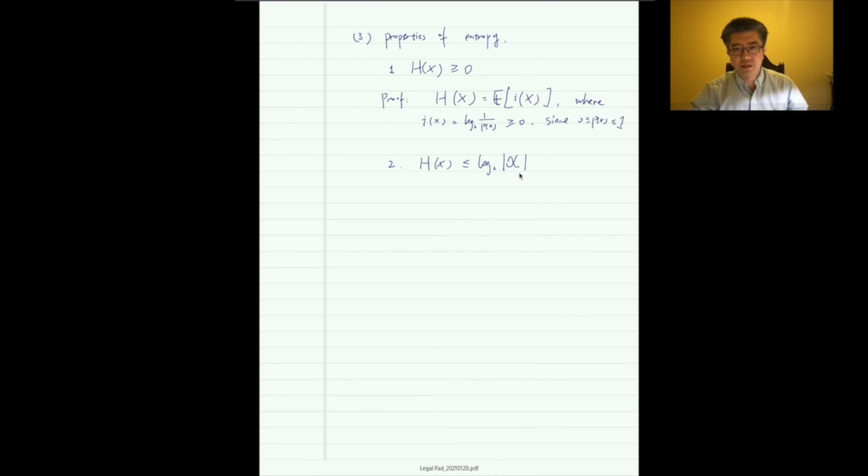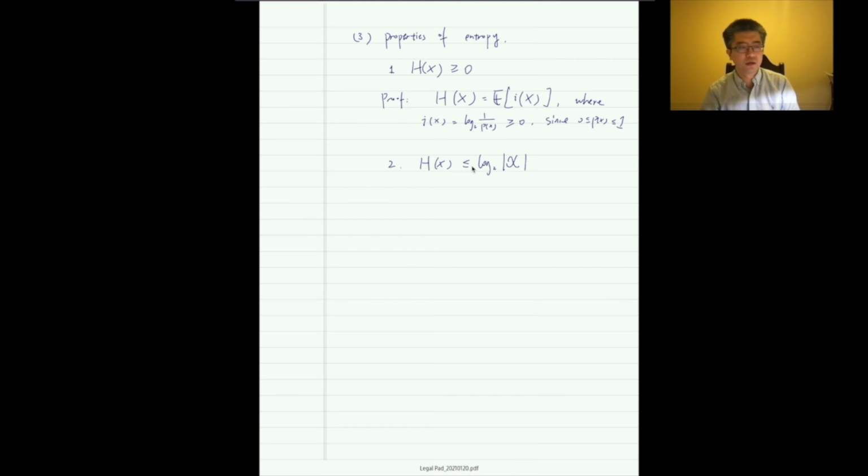So H(X) is always less than or equal to log base 2 of the cardinality of the finite set. And note that the equality sign can hold.